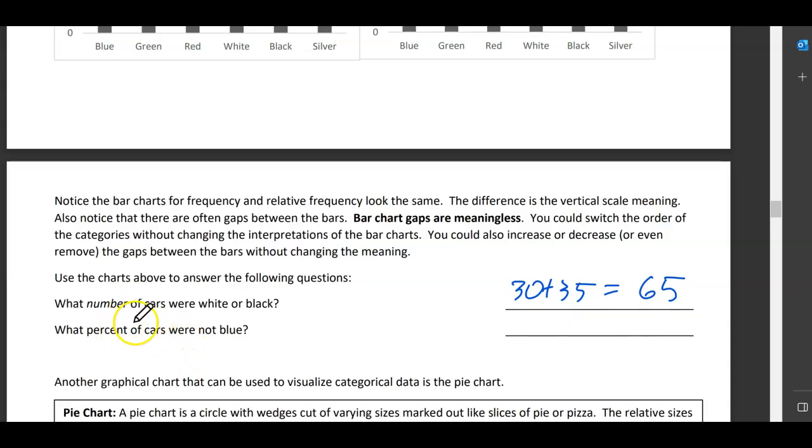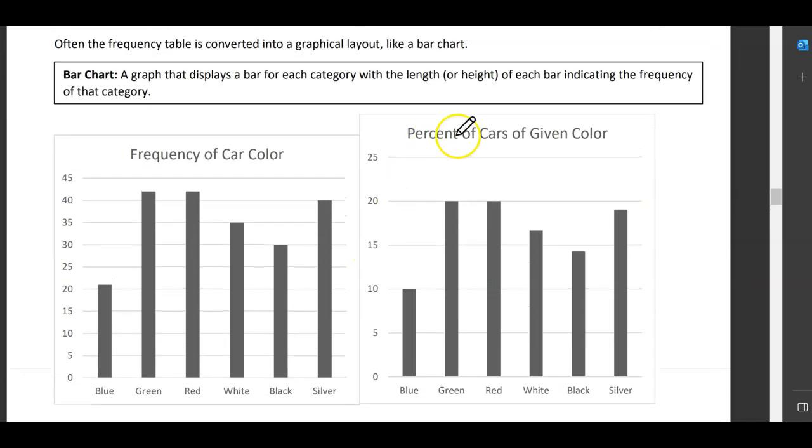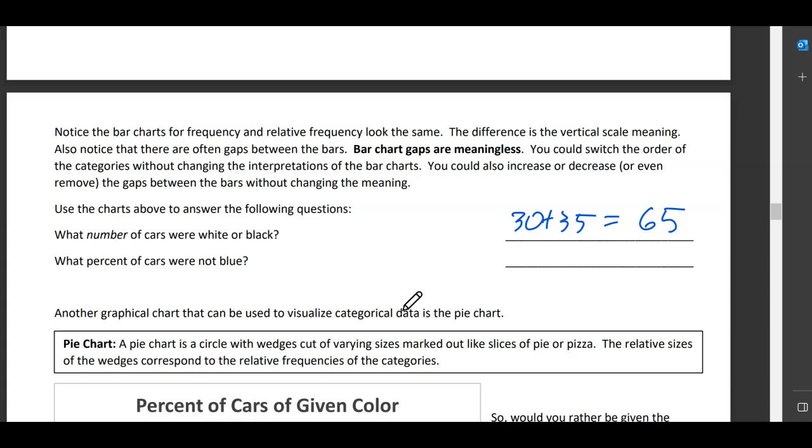What percent of cars were not blue? Well, we have percent of cars, blue, 10%. So 10% were blue. That means 100 minus 10, 90% were not blue.